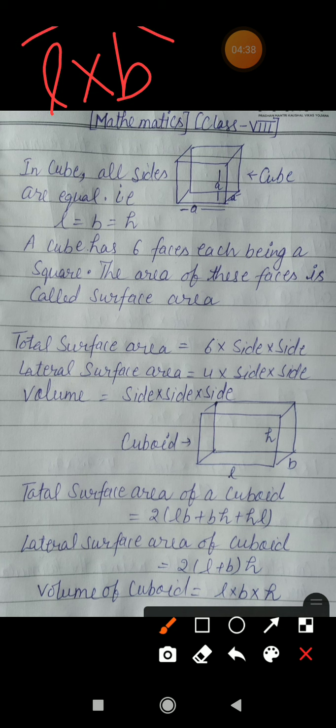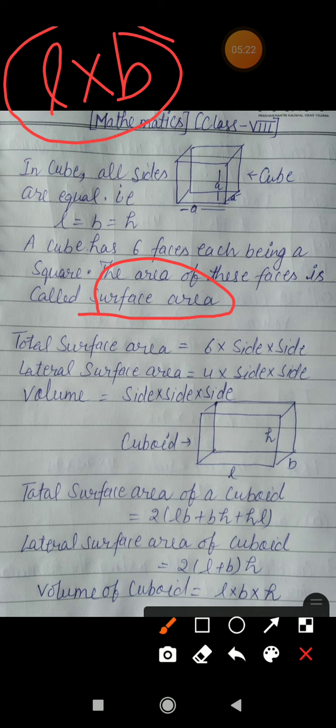So you calculate one face, then the other faces, all 6 faces, and then sum all these areas. That sum is known as the surface area of a cube or a cuboid.